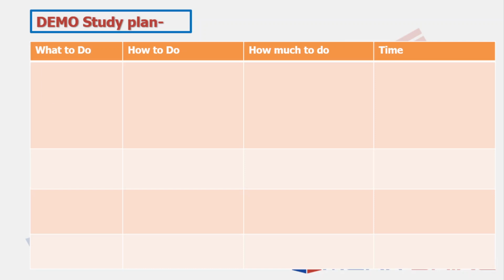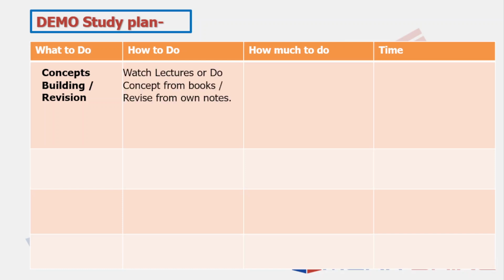Okay. So, first activity of what to do: concept building or revision. Now, needless to say, the person who is not done with all his or her concepts would focus on concept building, and a person who is done with all the concepts once would focus on revision, right? Now, how to do it? For concept building, you would watch lectures or you would do concepts from books, right?